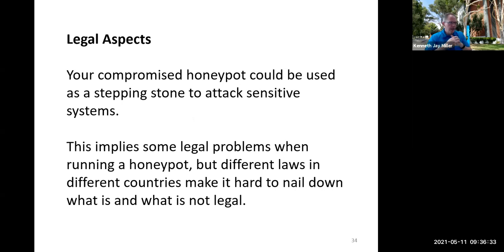Now, your compromised honeypot could be used as a stepping stone to attack sensitive systems. This implies some legal problems when running a honeypot. But different laws in different countries make it hard to nail down what is and what is not legal, right?